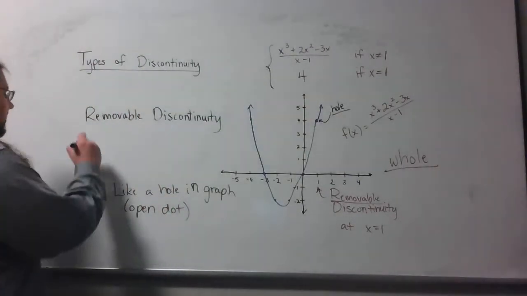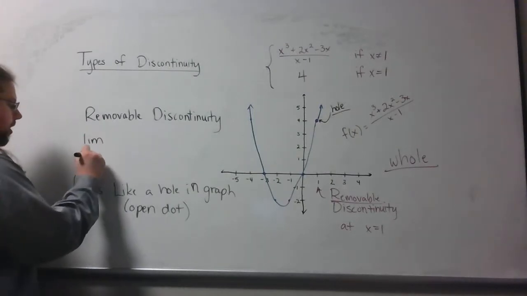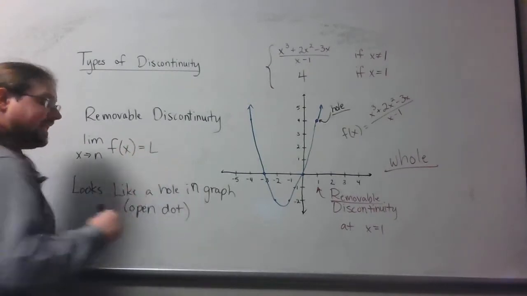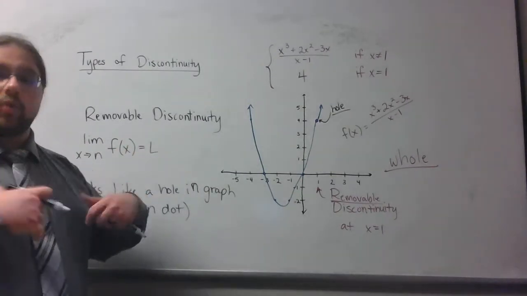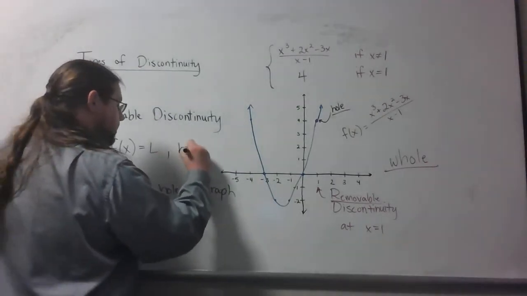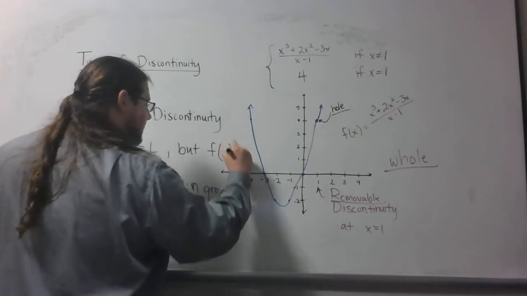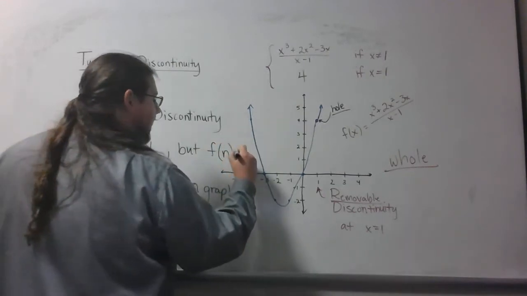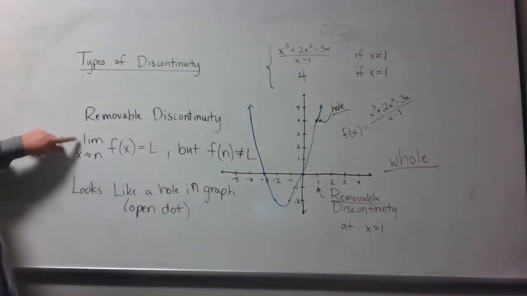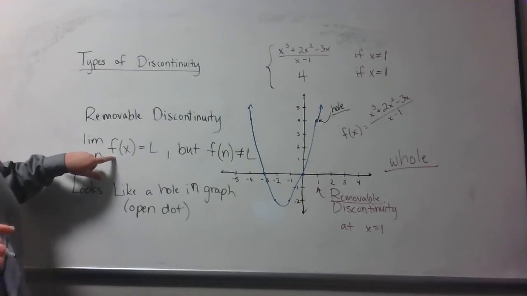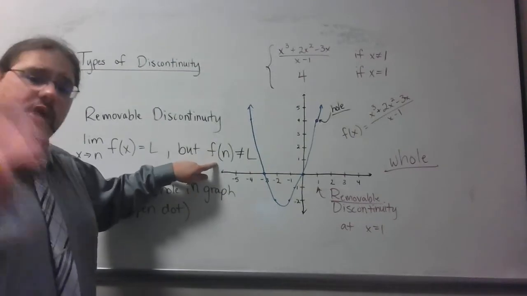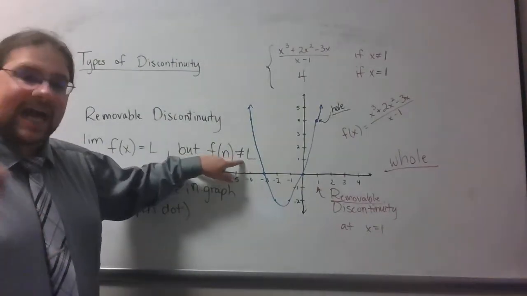So that means that my limit as x approaches that number, in this case 1, of f of x, was some number. It existed. Both the left side and the right side were the same thing, and so my two-sided limit exists. However, if I were to plug in the number n, or in this case 1, I don't get that same number out. So, let me repeat one more time. The limit as x approaches n, the double-sided limit of the function, exists, and it's a specific number. However, the value of the function at that point is not the same number.